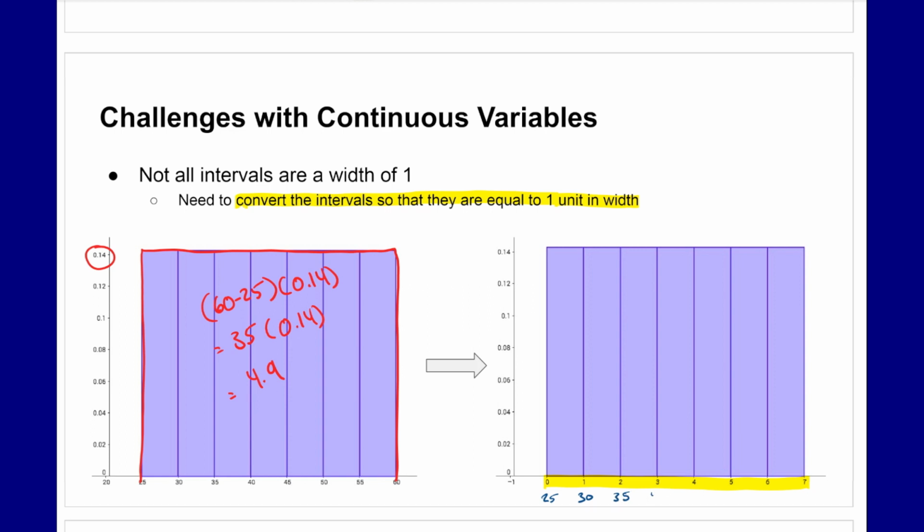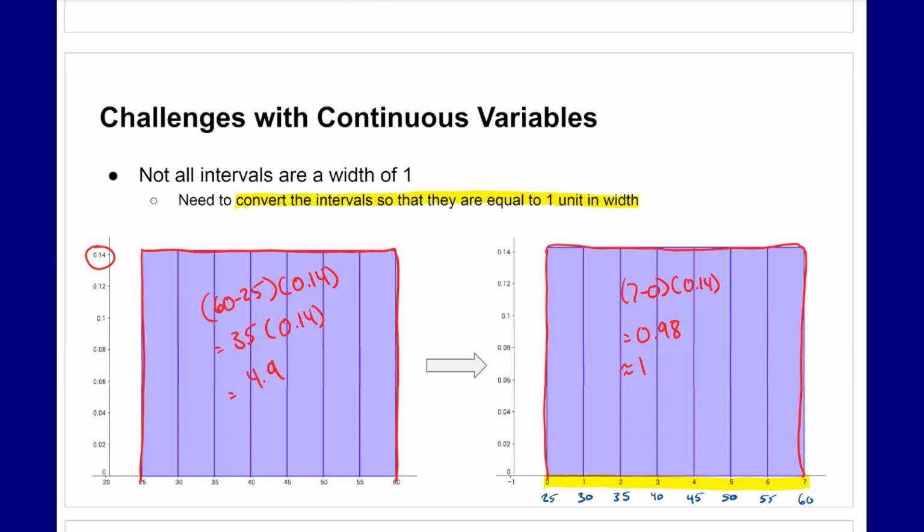We're just going to relabel it a bit, 0, 25, 30, 35, 40, 45, 50, 55, so that when we calculate the area of this entire uniform distribution, we now have a range of 7, so 7 minus 0 times 0.14, we get 0.98, which is basically 1.